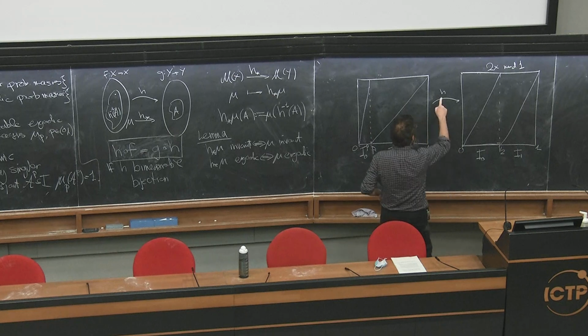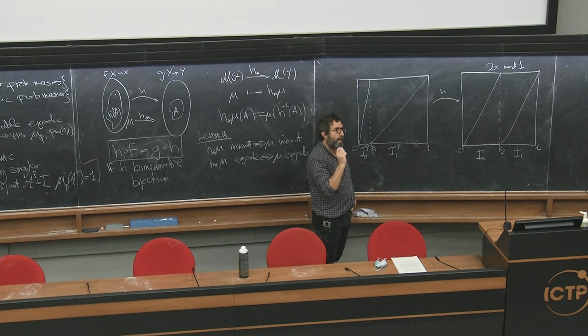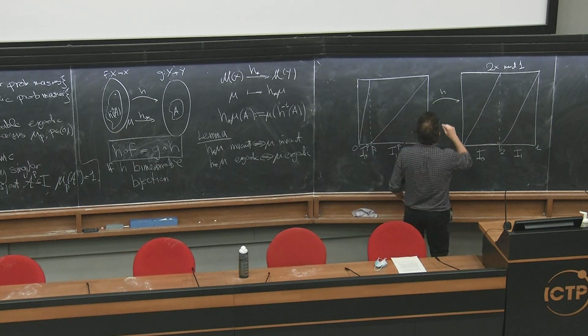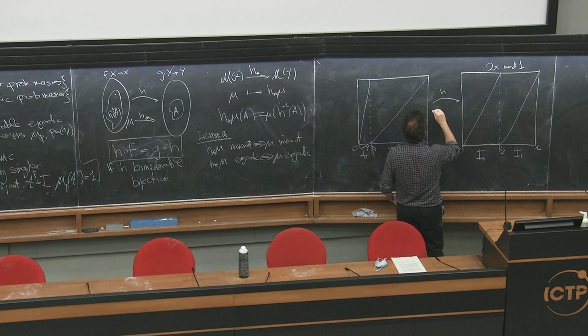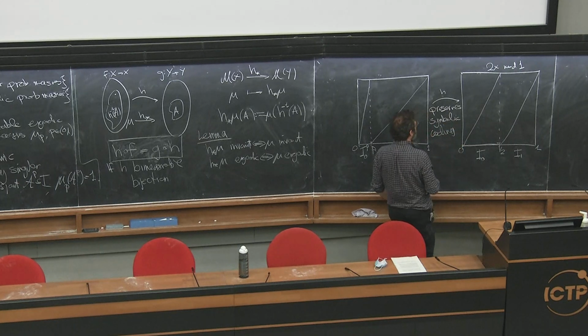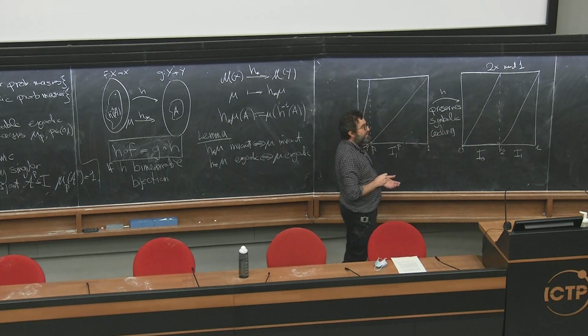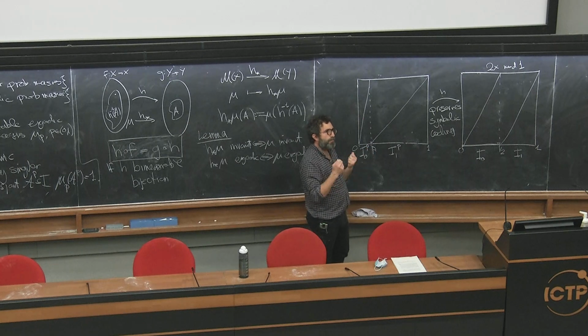Now, the crucial property of this conjugacy, and this is what we used for the conjugacy, is that h preserves the symbolic coding. The way you construct this conjugacy is precisely by matching up all the points that have the same symbolic coding, right?